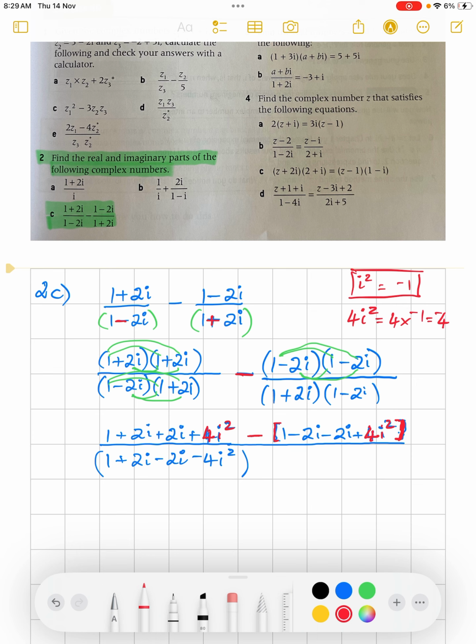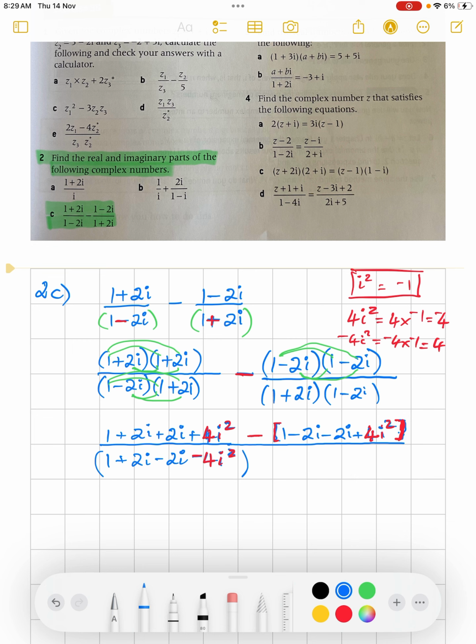And underneath we've got a negative 4i squared, which is negative 4 times negative 1, so we'll change that to a positive 4 when we get there.